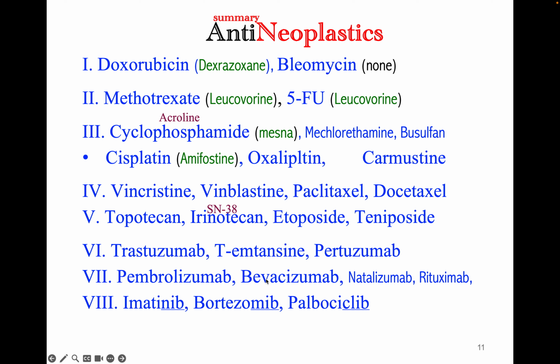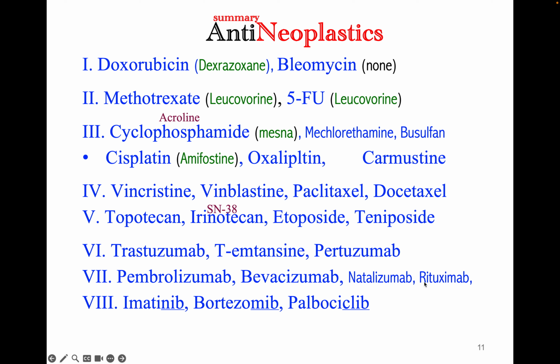So bevacizumab inhibits vascularization. That's why the tumor will shrink. But the problem is, if a patient develops a wound or something, they're going to get delayed wound healing. That's one adverse effect. Wound healing complications are reported with bevacizumab. Therefore, I want you to remember the adverse effect and mechanism of action.